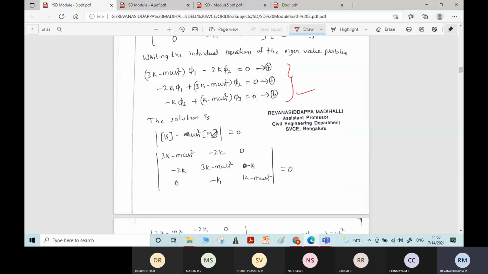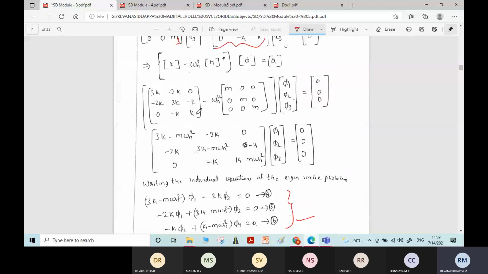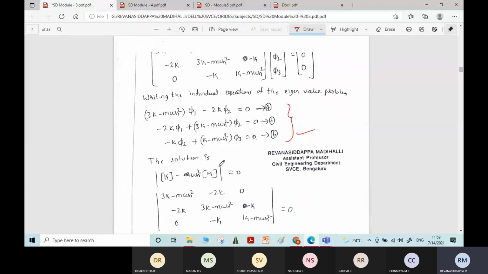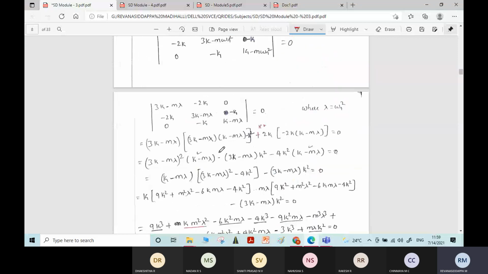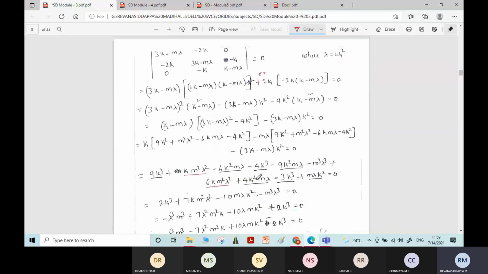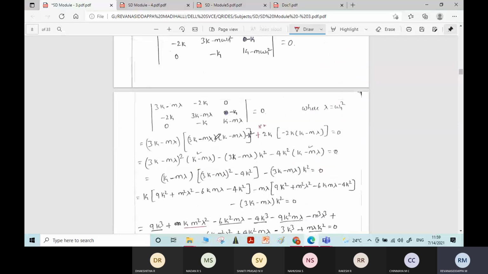Then next step is to take this condition, determinant of this term k minus omega n square m equal to 0. You know this matrix already, the simplified matrix. Take the determinant, and you have to be very careful while finding the determinant of the matrix, especially for a 3 by 3 matrix.